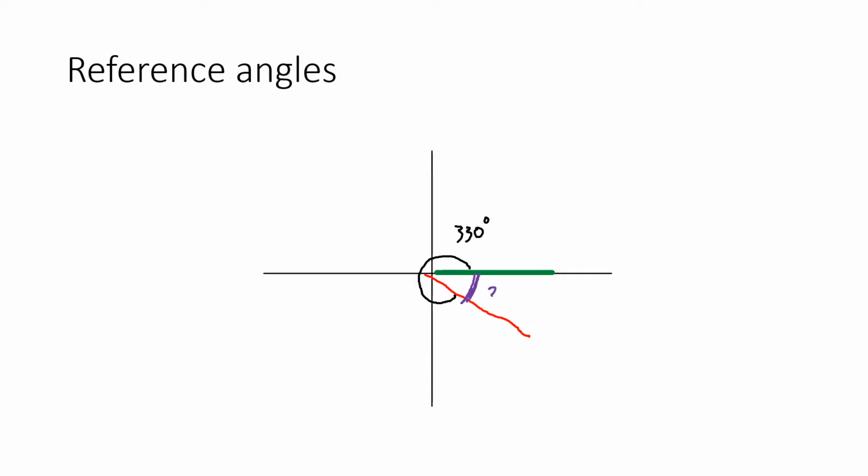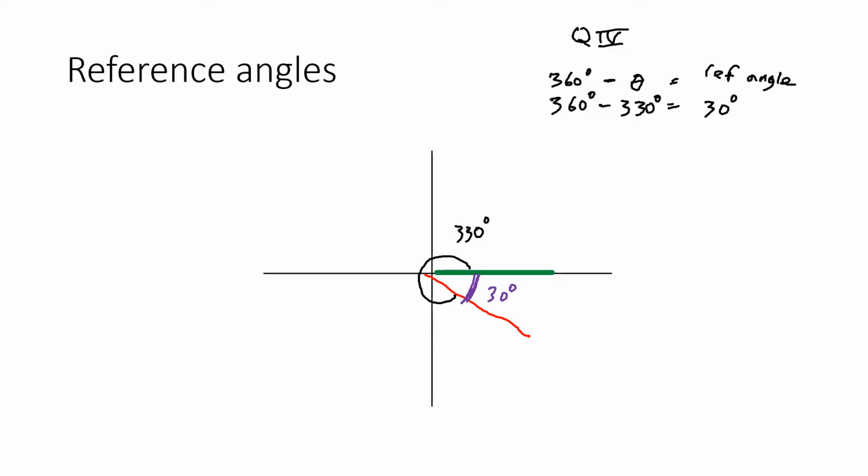We know that this is a distance of 30 degrees. So how did we get that? We said 360 degrees, take away our 330, gives us the angular distance we would need to make it back to the x-axis, so that would be 30 degrees. So for an angle in quadrant 4, we would need to subtract our angle from 360 degrees to end up with our reference angle.